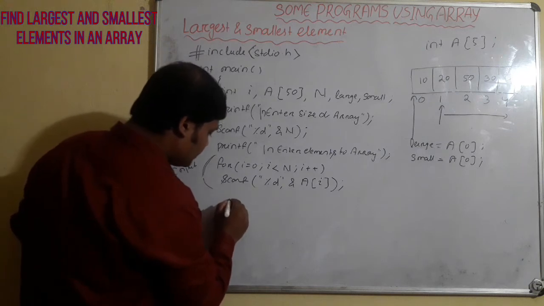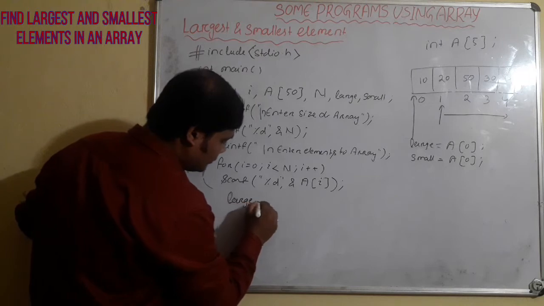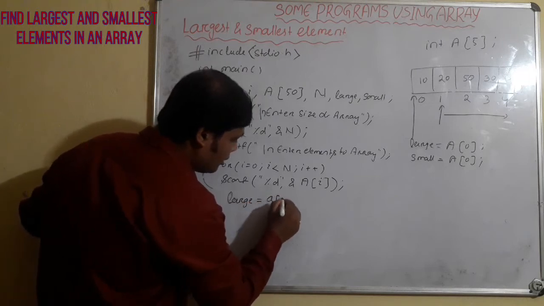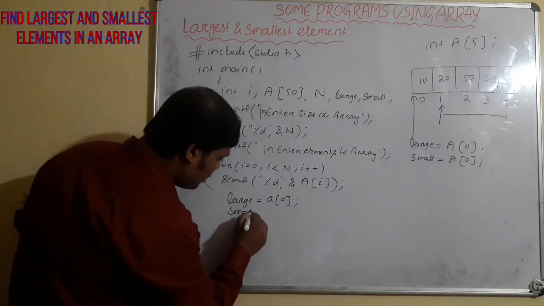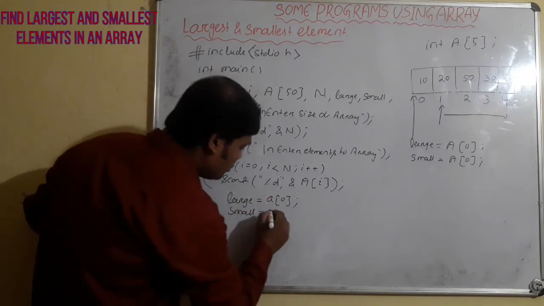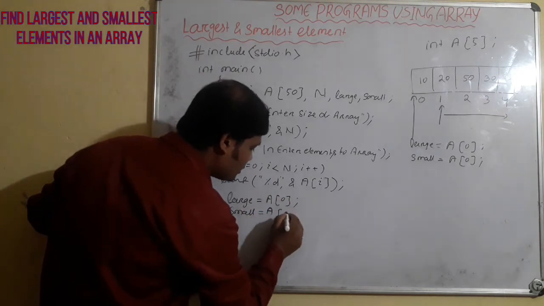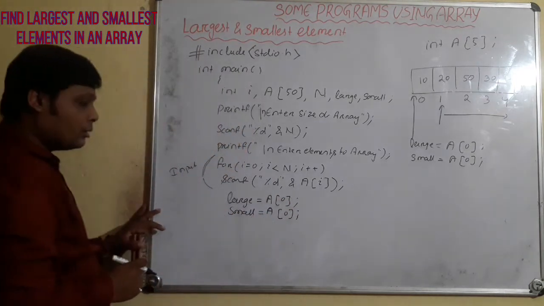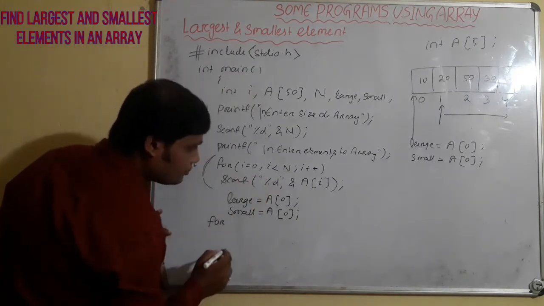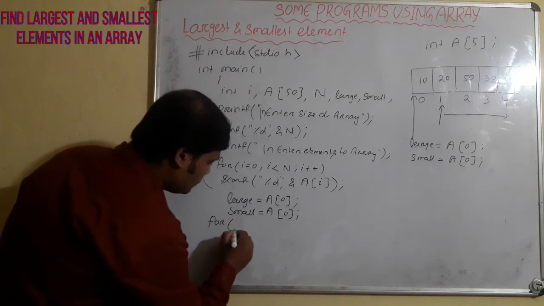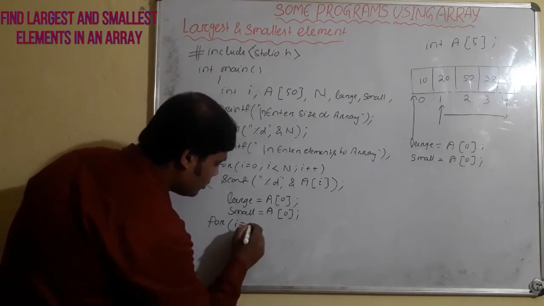Just see, same logic I am applying here. Suppose I am taking large equal to a[0] and same small equal to a[0]. Now I will check for i equal to, not 0, this is 1.